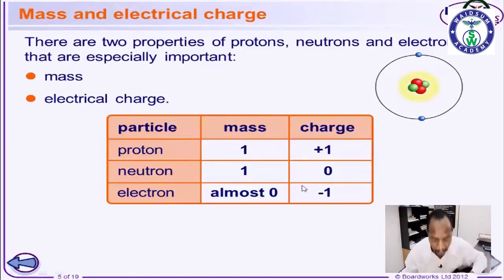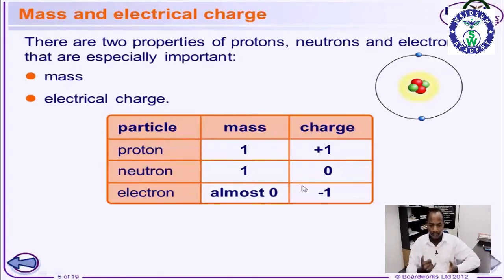But it all means the same thing, because the value is relatively close to 0. So electrons do not really have a tangible mass; it is almost negligible. But the protons and the neutrons have a mass of 1.